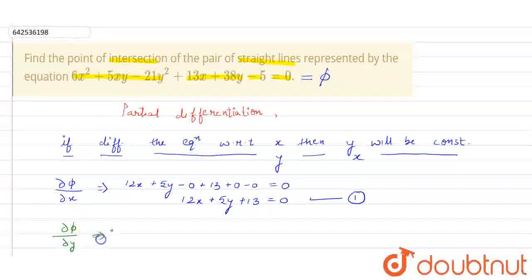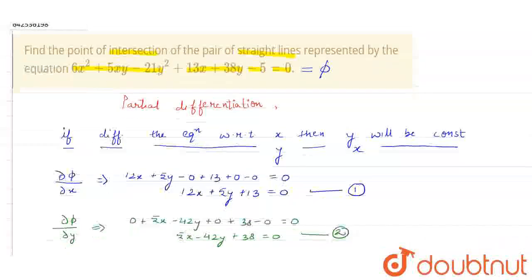So del phi upon del y will be equal to 0 + 5x − 42y + 0 + 13 − 0 = 0. So we get 5x − 42y + 13 = 0. Let us consider this equation to be 2.